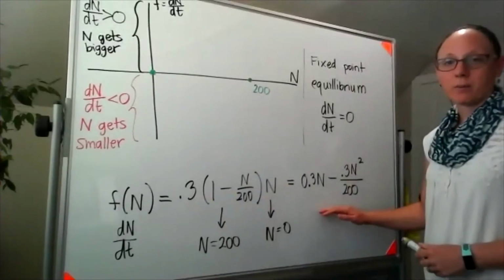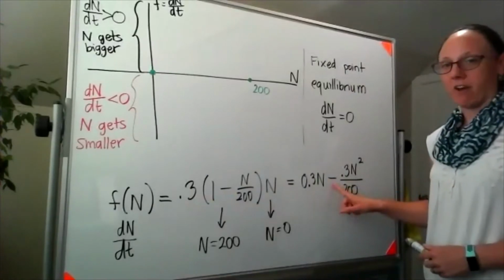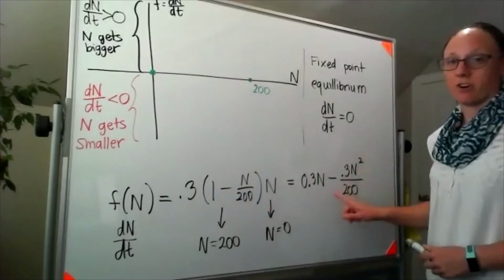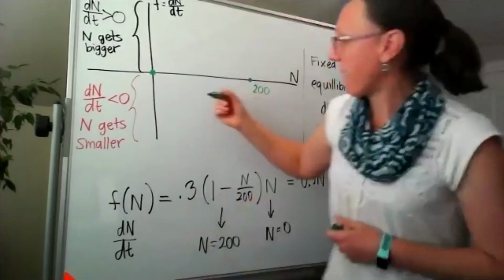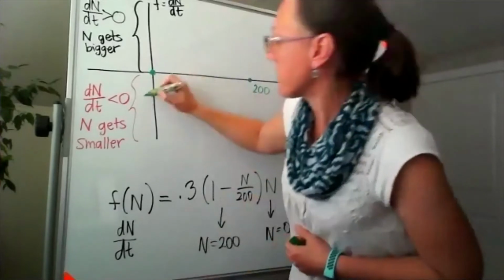Which means I'm looking at a parabola that's concave down because my N squared term is negative. So filling in this graph, it's going to do something like this.